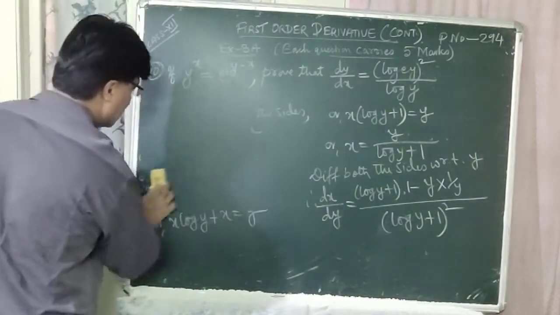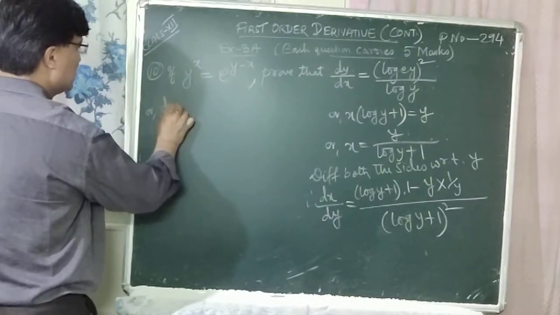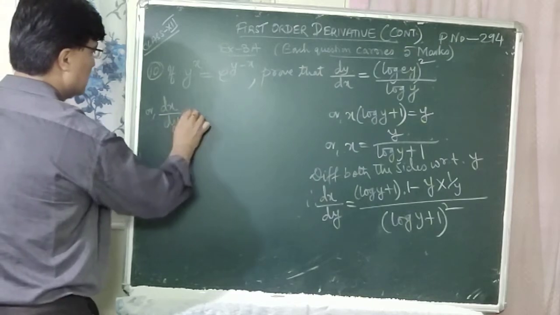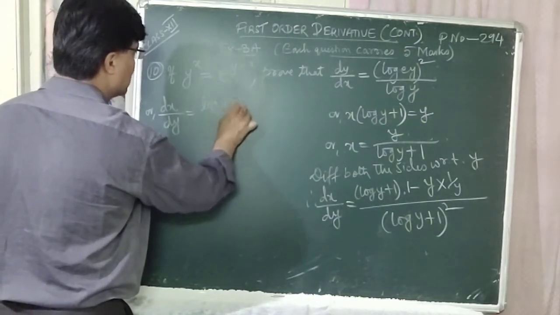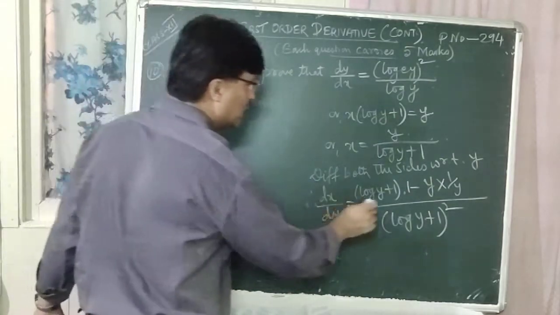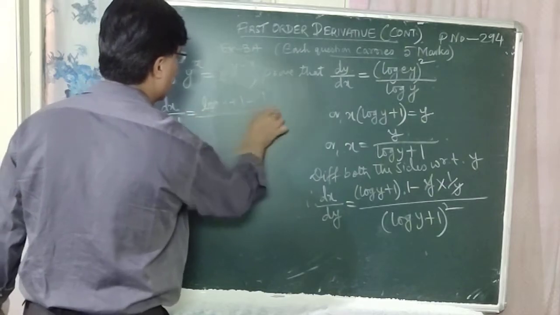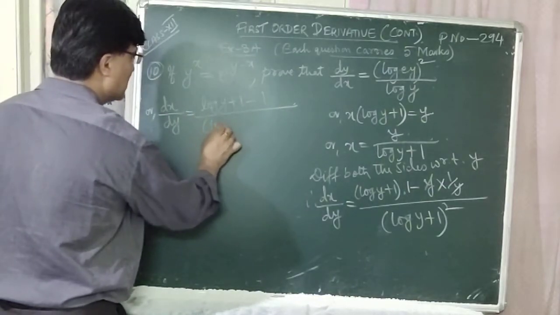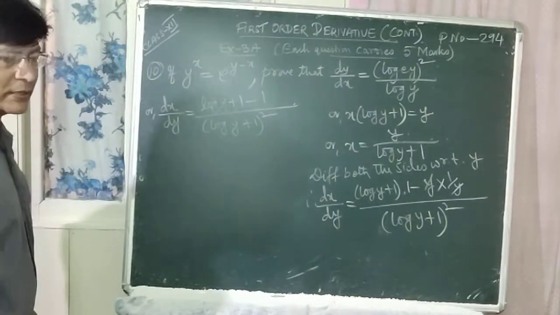Now let us simplify it. So dx by dy is equal to 1 into log y plus 1, which is log y plus 1. Then here y gets cancelled, so we get minus 1, whole divided by log y plus 1 whole square. Is that clear?